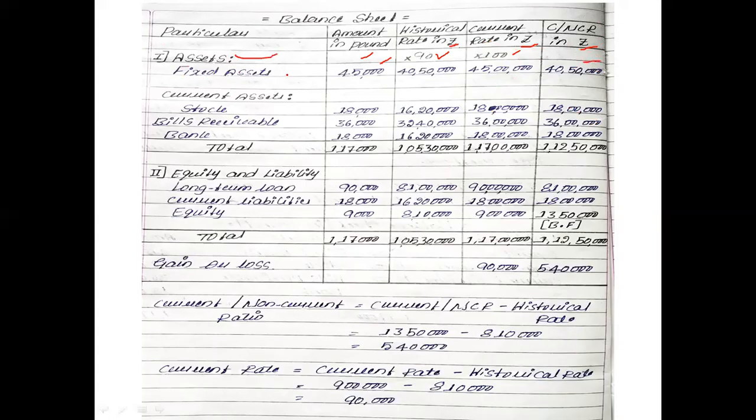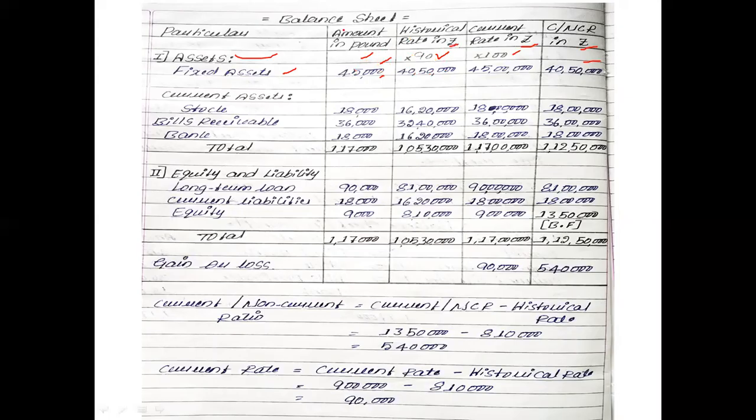In assets, fixed assets. The total of fixed assets is 45,000 pound. When you convert into the historical rate, 1 pound equals 90 rupees. So when converting the 45,000 pound to rupees, we have to multiply. In the earlier balance sheet, we divided. Why did we divide?